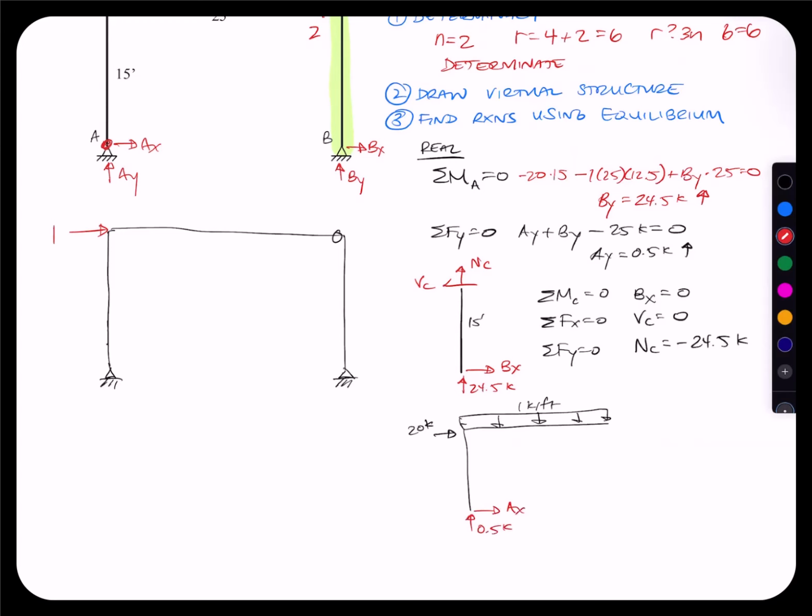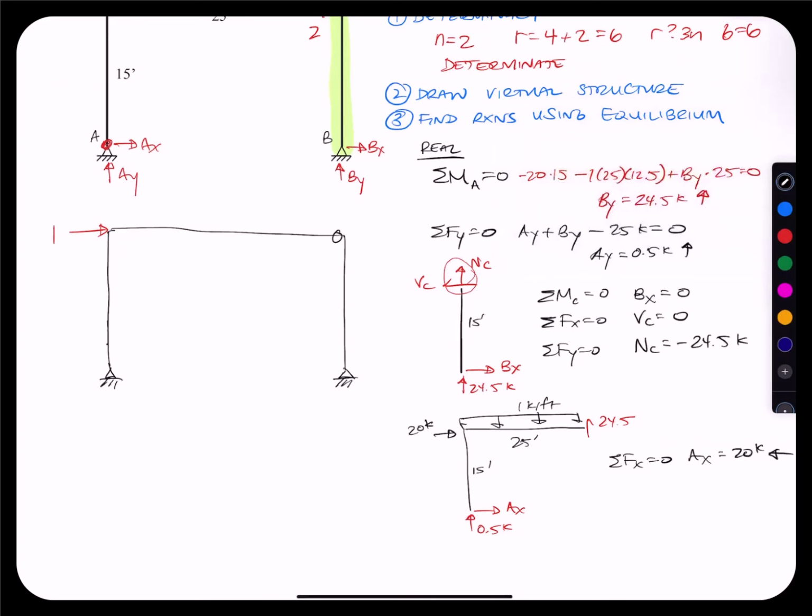And I know that this NC, so I drew this one upward, so I should draw this one downward and throw the negative on it, or I could draw it upward as positive 24.5, which means that when I sum my forces in the X direction, AX is just going to be 20 kips to the left. So I have found all my reactions.